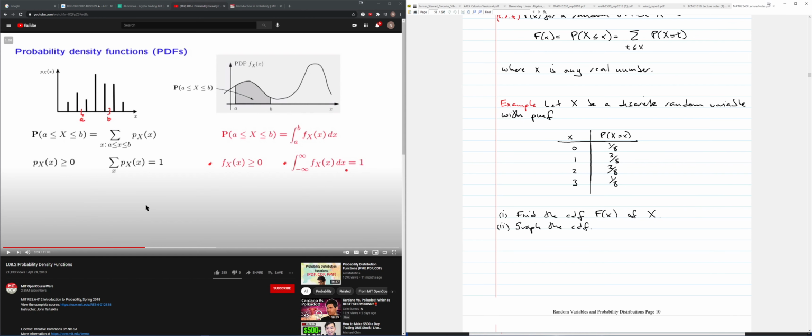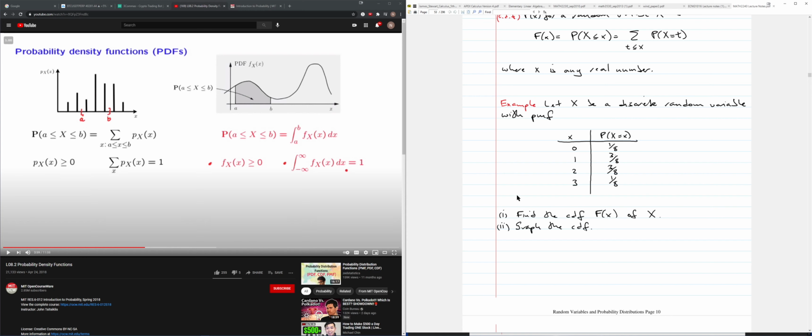Before I look at the joint probability density function, in other words when I have continuous random variables, let me just do a quick review of the difference between discrete and continuous random variables.